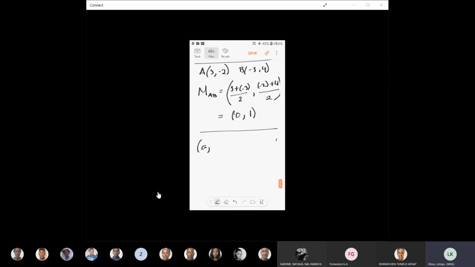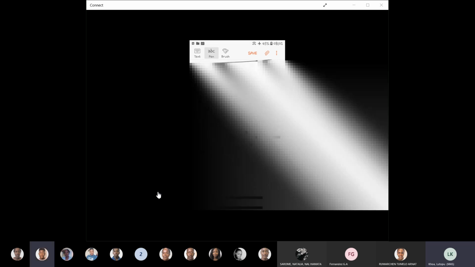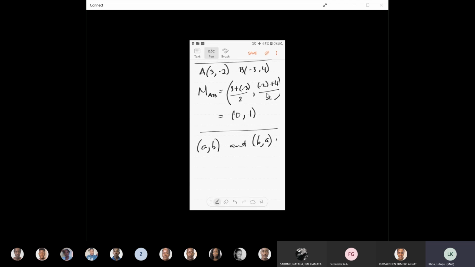Now, what if my coordinates are just AB and BA? So it doesn't matter in what form your coordinates are given in. What you do is follow the formula in the same way. So if I call this one point A and this one B, the midpoint capital M of AB is just A plus B divided by 2.